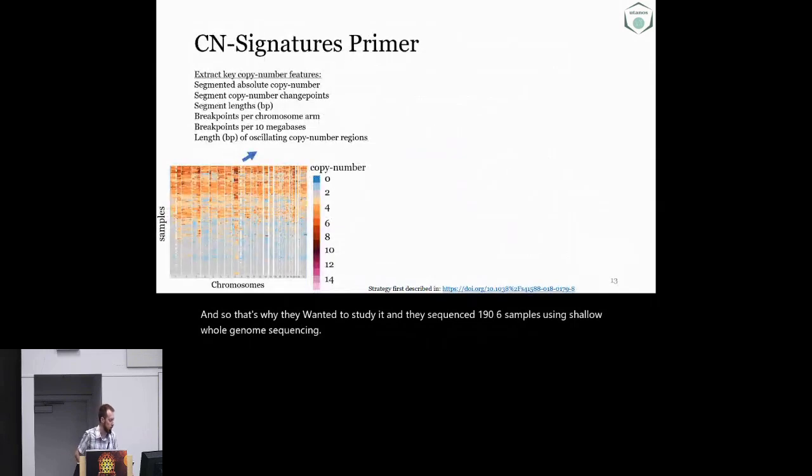On the bottom left there, we have the plot of all those samples. And the first step to creating signatures was to model some features. I'm just going to highlight segments as something that we can keep in mind as we walk through these plots. So the segment lengths is just in base pairs. So this might be 5 million, this might be 30 million. It's just a segment of the genome.